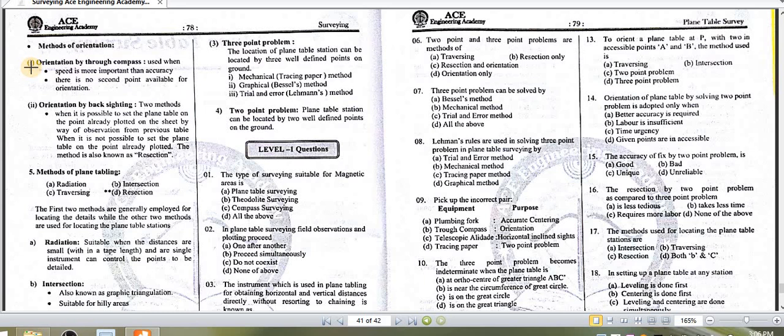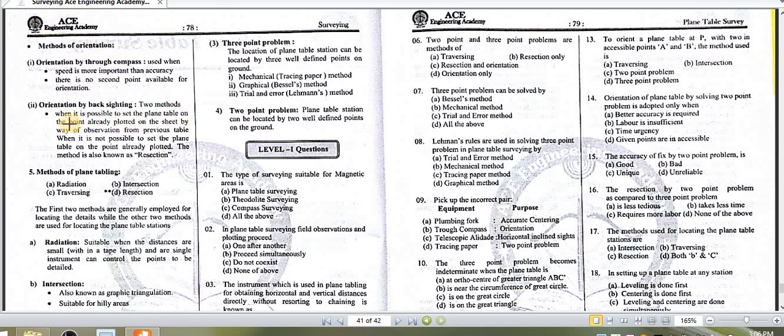The problem with the first method is that it is affected by electric field or any electric current passing nearby, but in orientation by backsighting no electric field or magnetic field will affect the work.